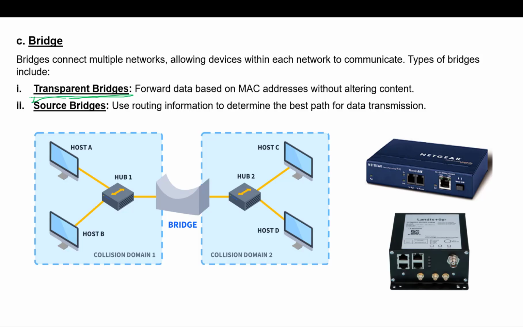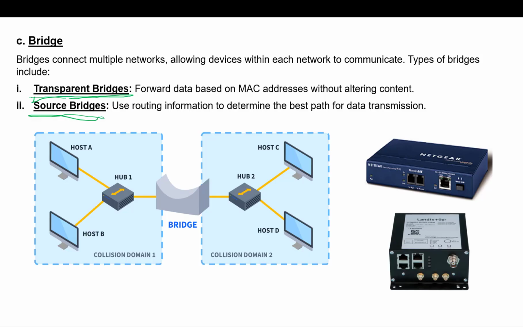Now, if we use a source bridge, it uses routing information to send data. That means your house address. They look for the easiest road to deliver to your house address. You understand? So it is two different things.